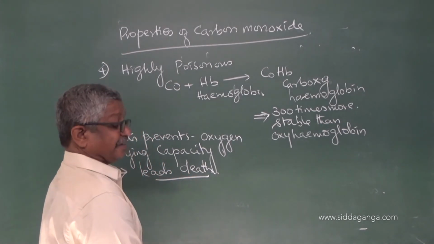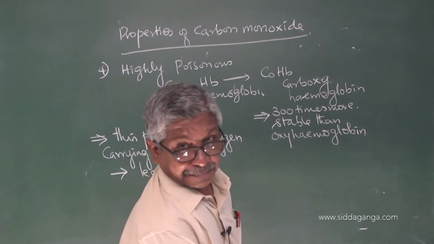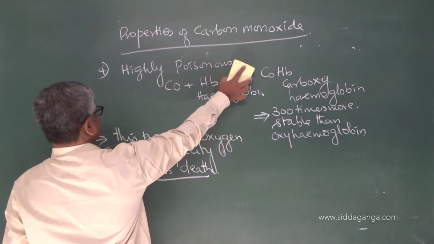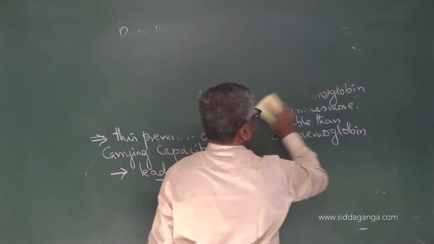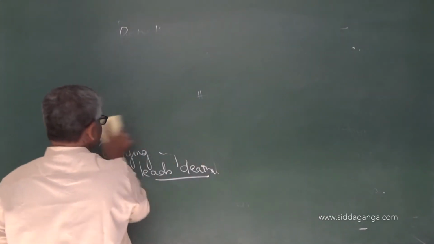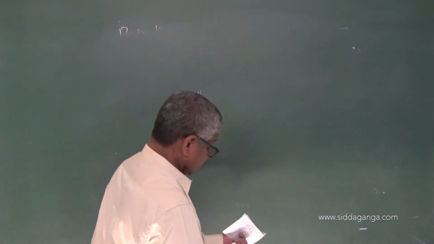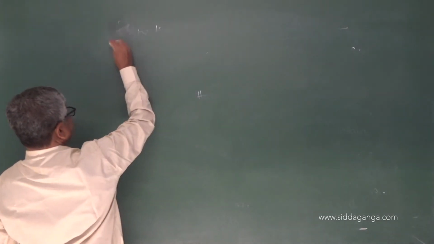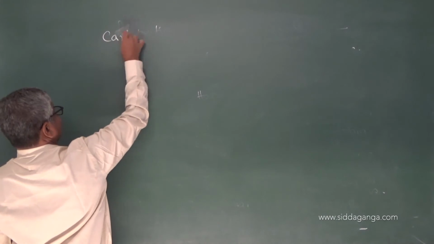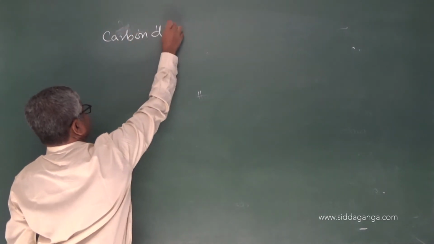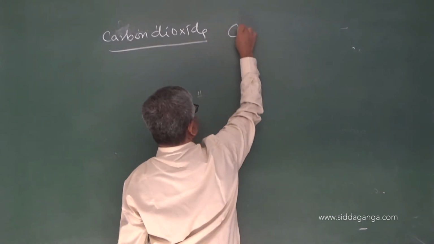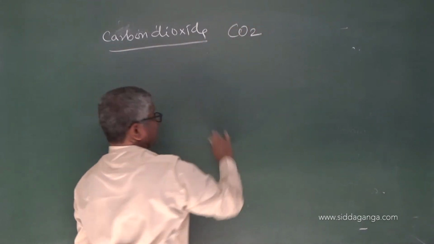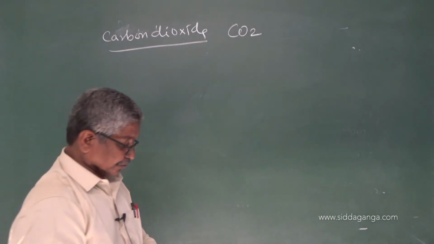The next important compound of carbon, the second, is carbon dioxide. The formula is CO2.